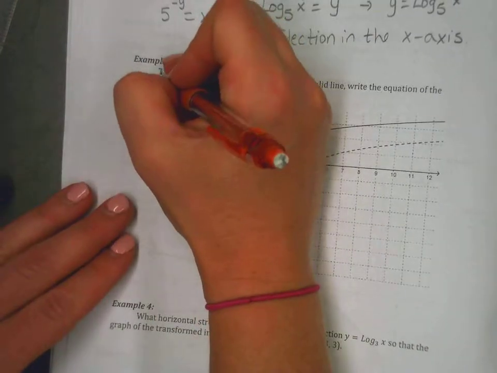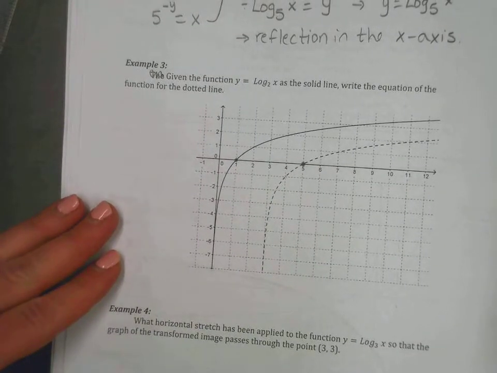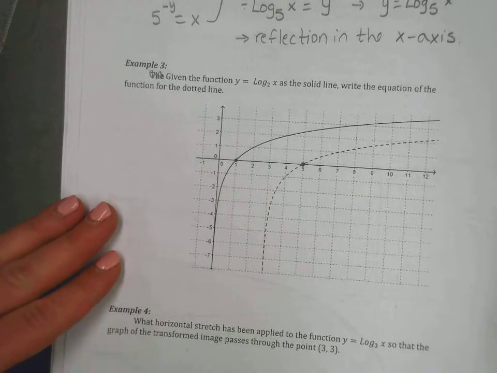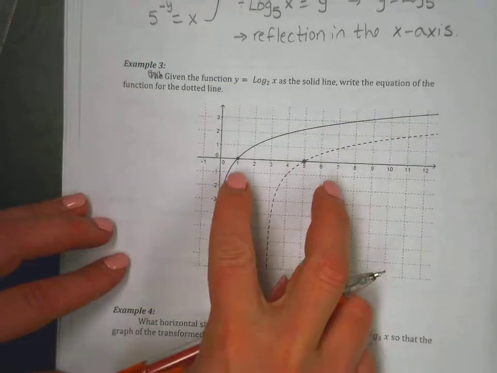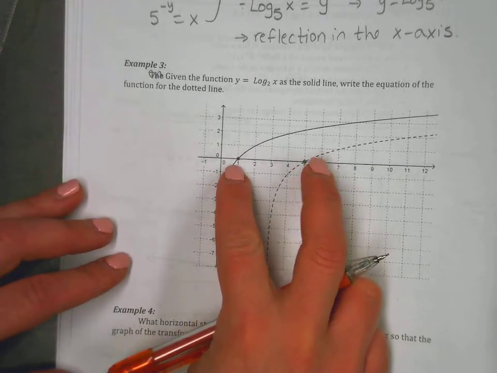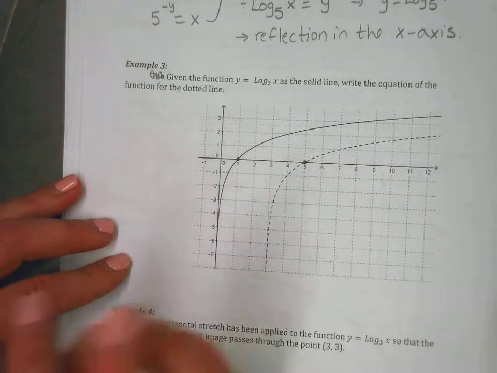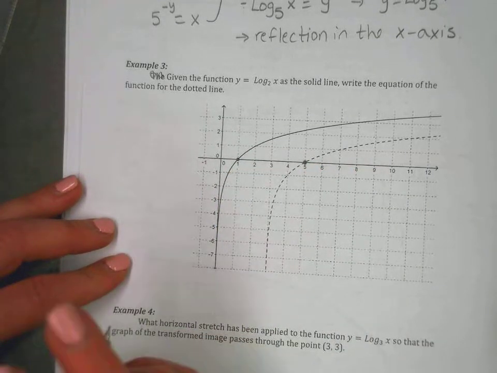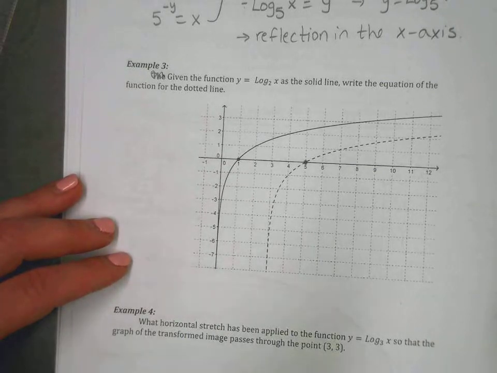Given the function y equals log base 2 of x as the solid line, write the equation of the function for the dotted line. As a note, when you're asked to write the equation of two graphs, this is similar to radical functions, where you would never be expected to figure out a horizontal and vertical stretch combined. It's either going to be one or the other.